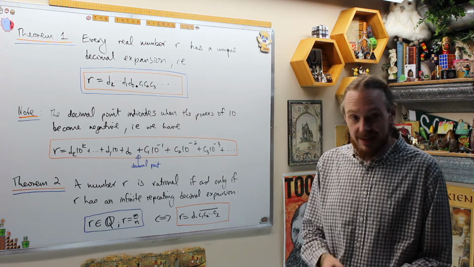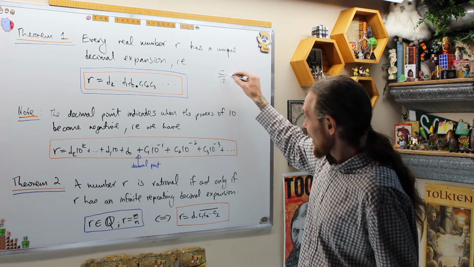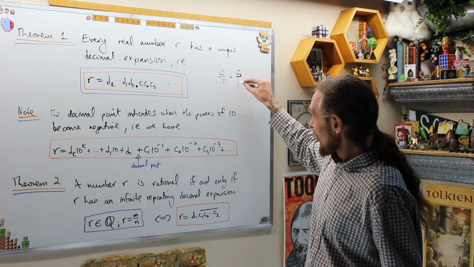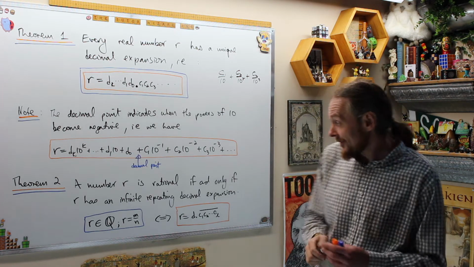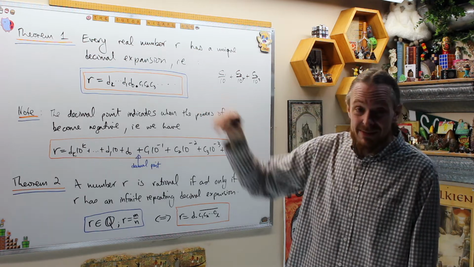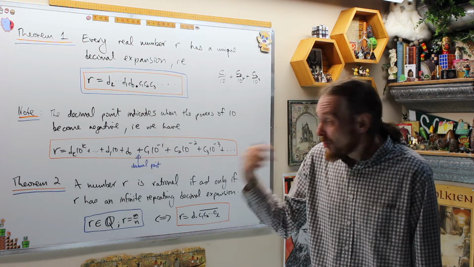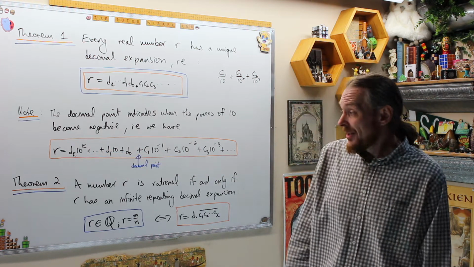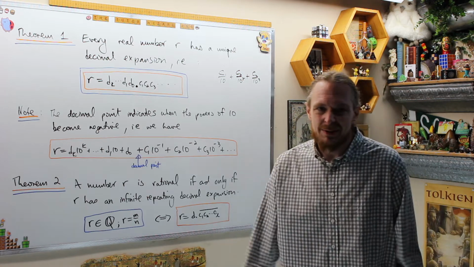And remember, 10 to the minus 1 is 1 over 10. It's the reciprocal. So this is c1 over 10 plus c2 over 10 squared plus c3 over 10 cubed. But the exponent is negative, and so that's what the decimal point is giving us. It tells us when the powers of 10 become negative. And what this theorem says is every number can be written as a unique decimal expansion. And in particular, how do we get that there are two types of real numbers?